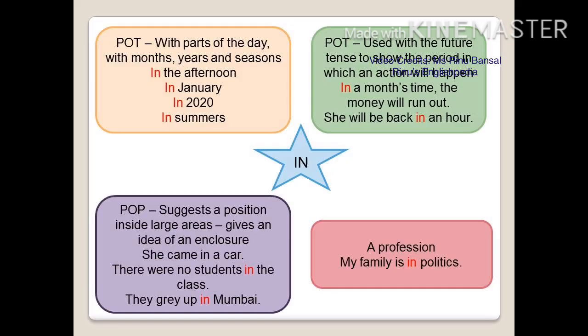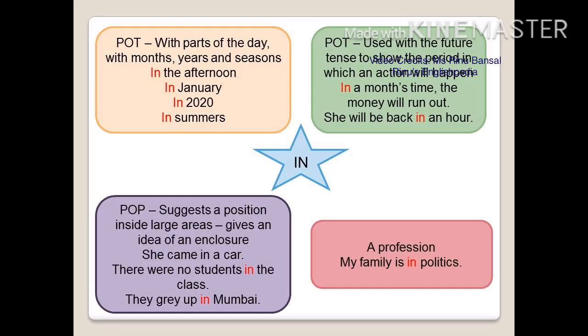Again, as a preposition of time, it is also used with the future tense to show the period in which an action will happen. For example, in a month's time, the money will run out, or she will be back in an hour.